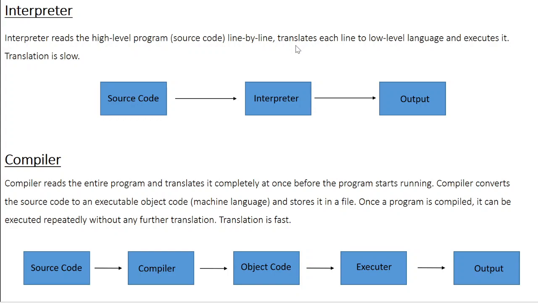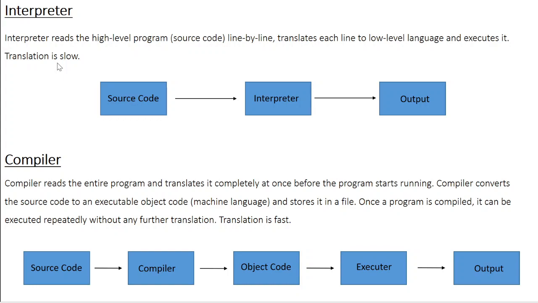It reads the first line, translates the first line into machine language, executes it, then it goes to the second line, translates the second line into machine language, executes it. So it's going to be a line by line translation, or a sequential process. And understandably, any sequential process is going to be inherently slow.